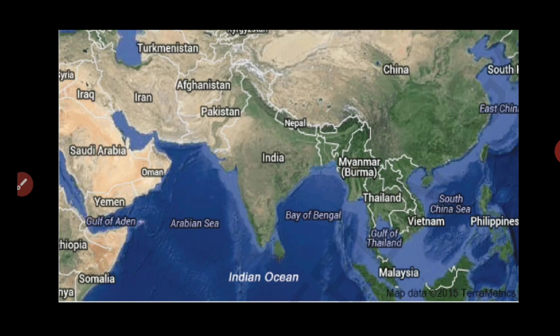Satellite imageries or images are the photographs of the earth taken by the artificial satellites launched into space. What we launch into space are rockets. From those rockets or satellites we are taking the photographs. Those photographs are called satellite images.